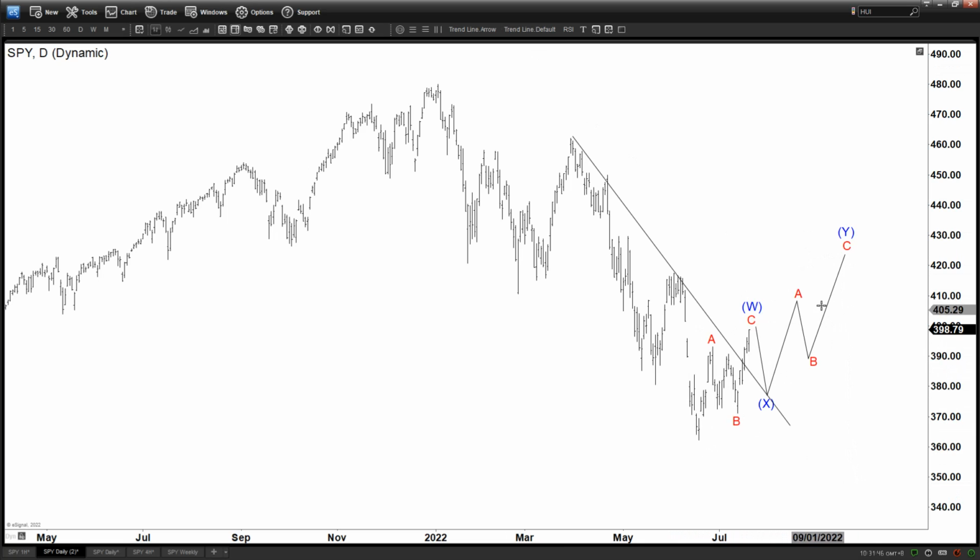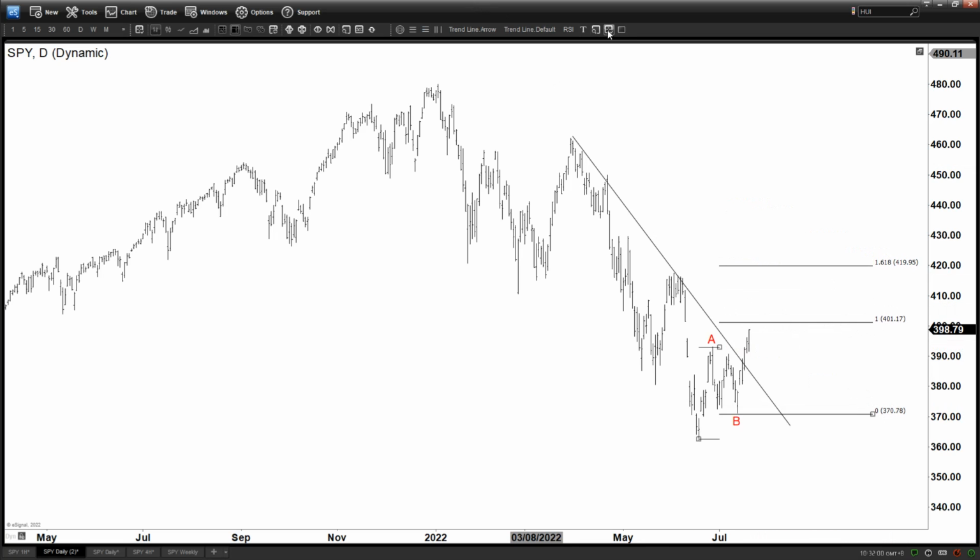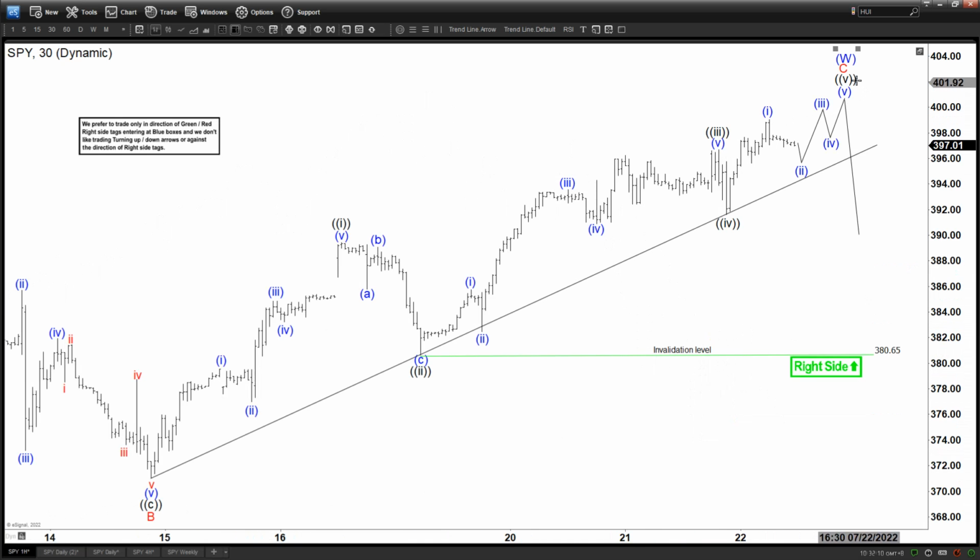If not, then this can become something more impulsive than a WXY. If it becomes something more impulsive, you notice here that if I measure the extension from the lows here, this is your 100% extension, 401. So this is a potential target here, 401 to 419 or 420, and that could in fact be ending this ABC like what we are showing here.